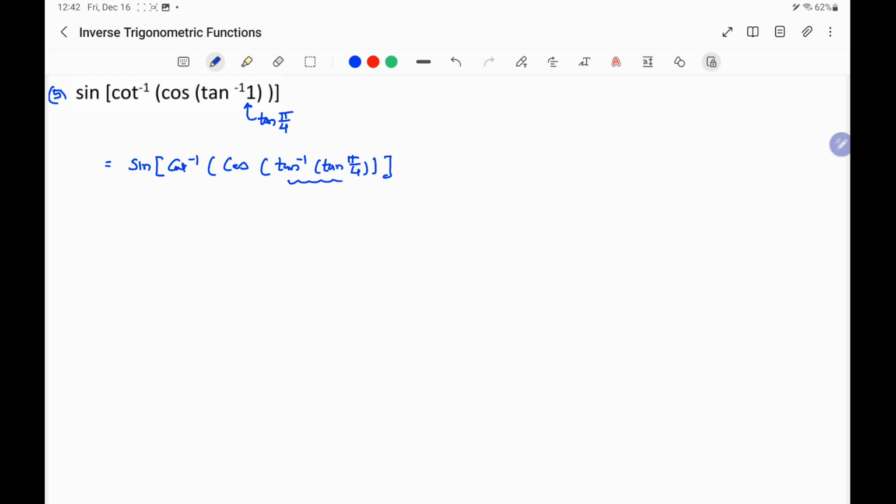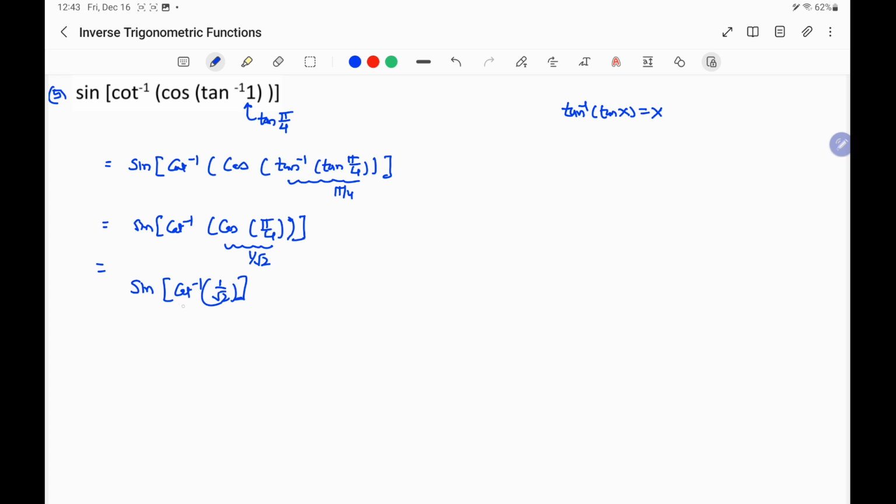This tan inverse tan pi by 4, using the formula of tan inverse of tan x equal to x, we can write it is pi by 4. So the expression will be sine of cot inverse cos pi by 4. This cos pi by 4 has the value 1 by root 2. So we will have it is sine of cot inverse 1 by root 2.